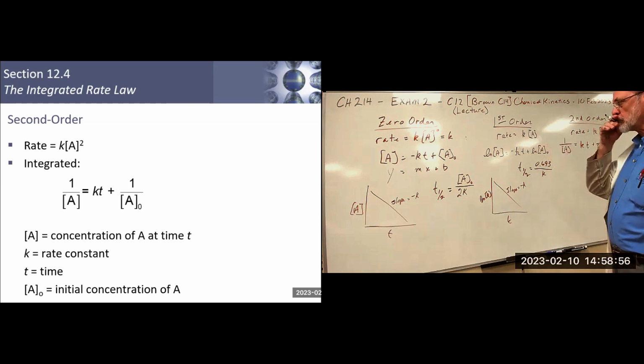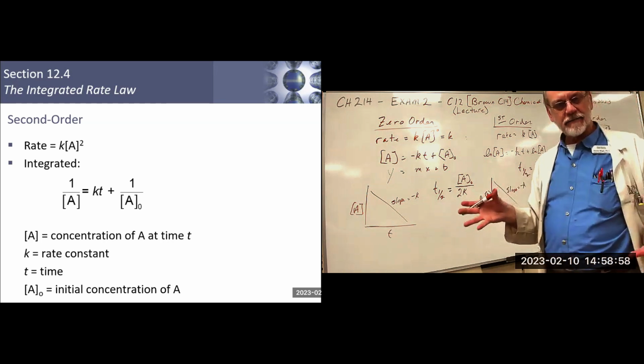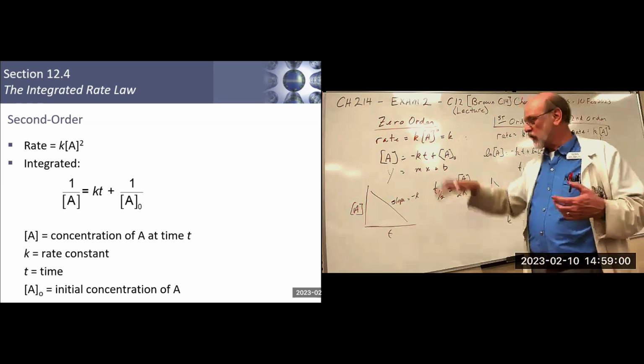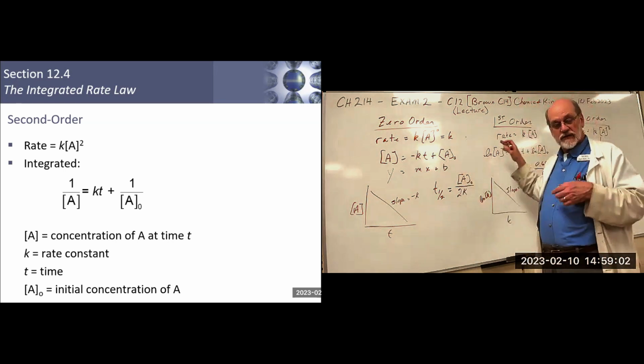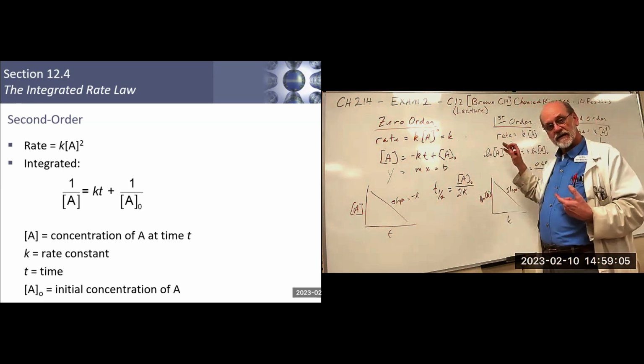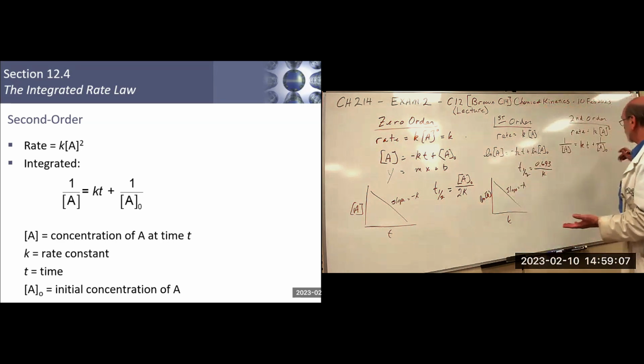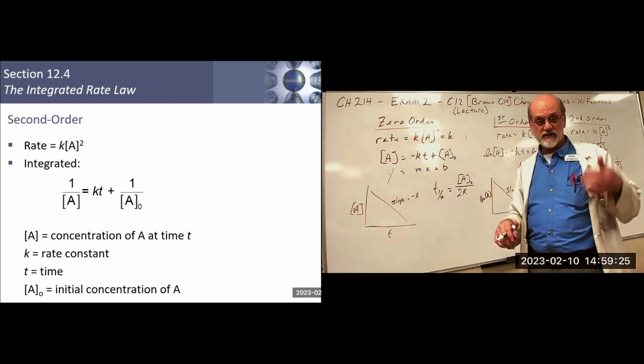So if you're given a set of raw data and you're asked which one of these is the proper order for that reactant, you just set yourself up a table with time here, the A value here, and then you go natural log of A, and then you do reciprocal of A. And if you use Excel spreadsheets, it's simple.